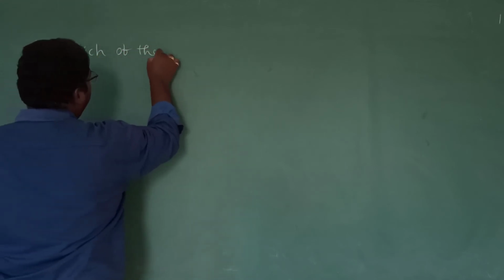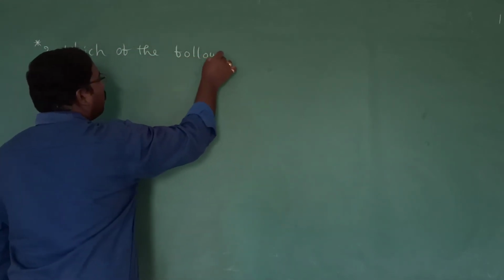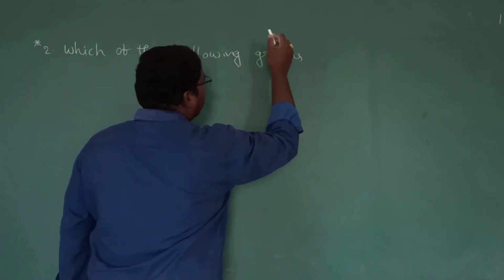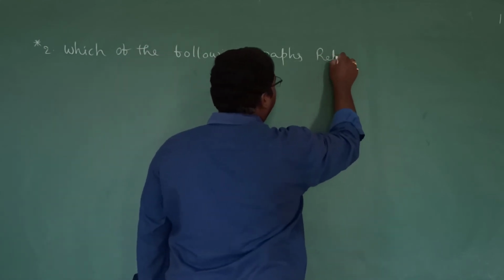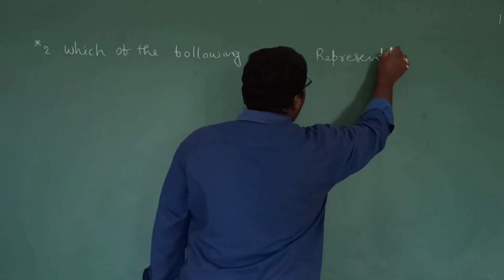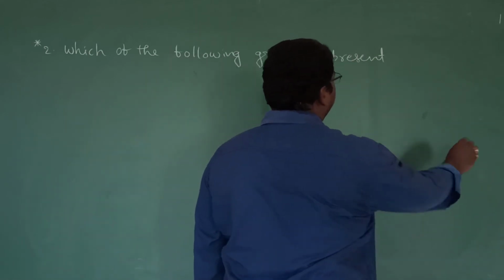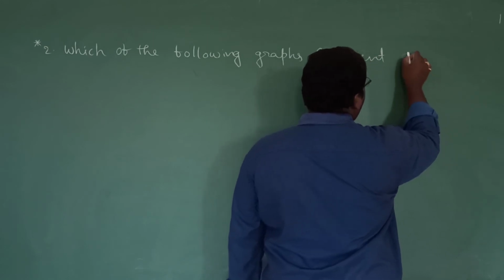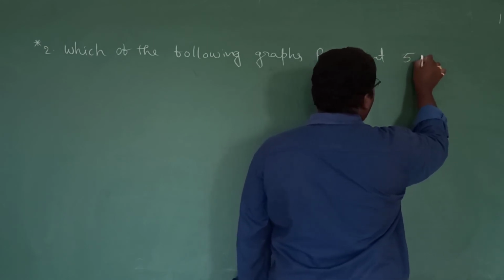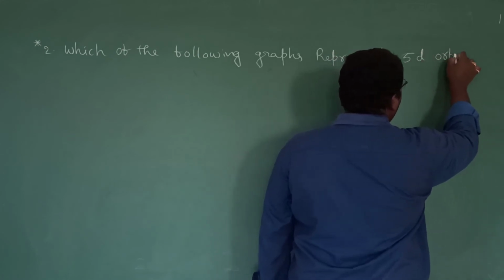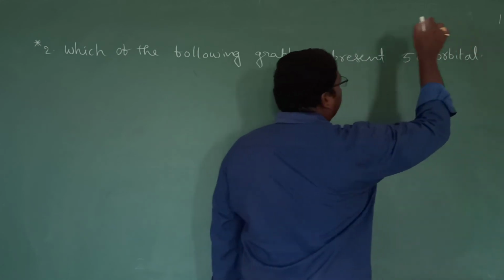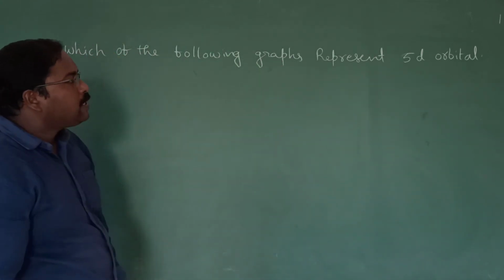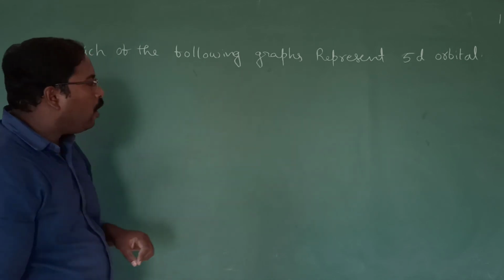Which of the following graphs represent 5d orbital? Okay? Which of the following graphs represent 5d orbital?